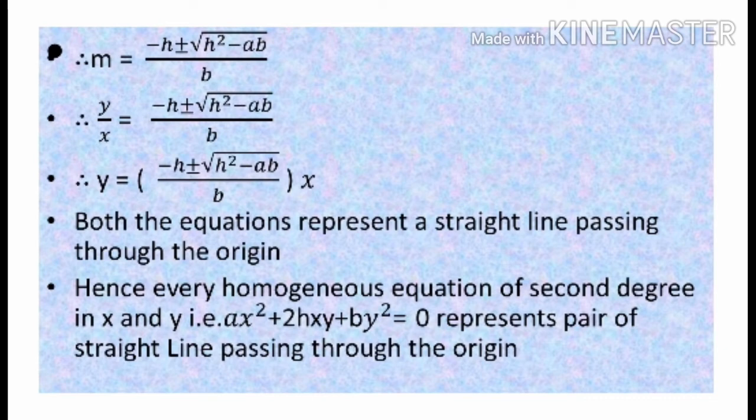That is, we proved here the equation ax² + 2hxy + by² = 0 represents a pair of lines passing through the origin if h² − ab ≥ 0, and then and only then the lines exist, and if h² − ab < 0, then the lines are imaginary.